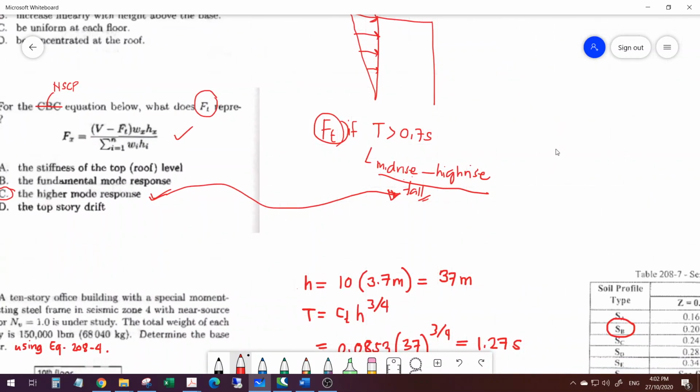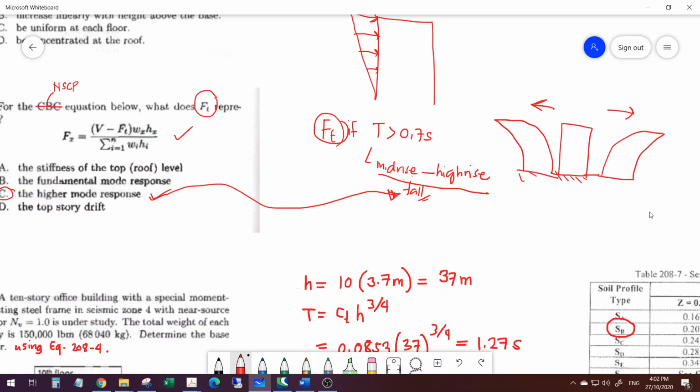Because if you try to say low-rise, the behavior of low-rise is say first mode. First mode is something like this, right? So that's the first mode. It could translate here. It could translate like this because earthquake is cyclic, right?